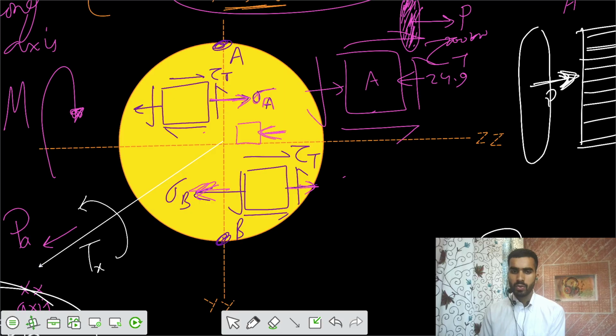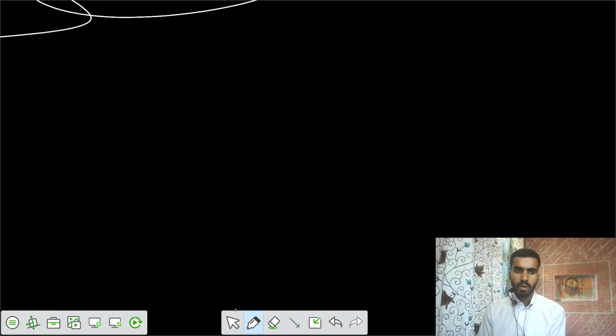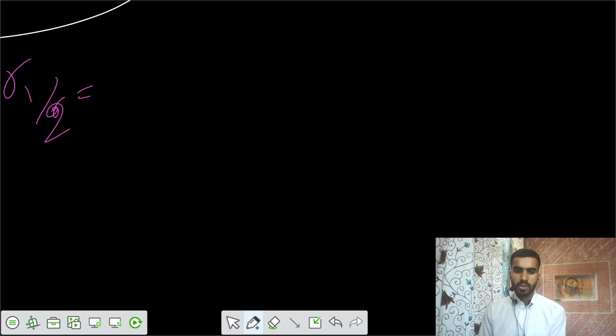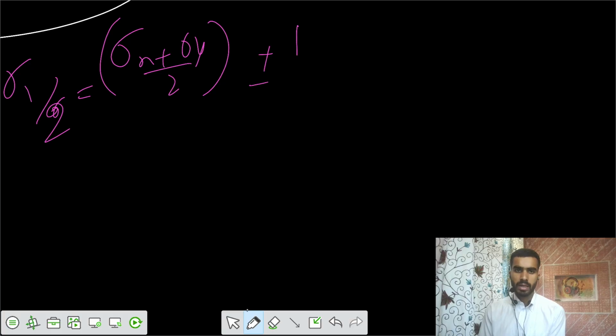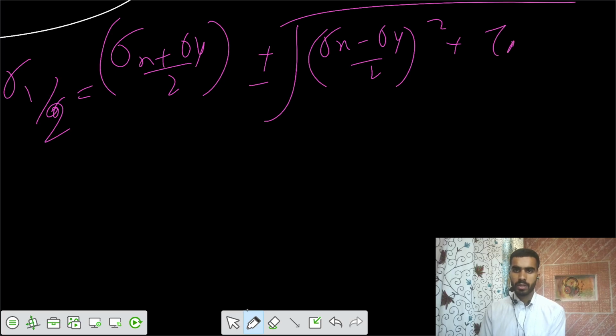So for these two, at point A, you can calculate major and minor principal stresses. The equation we have is sigma x plus sigma y by 2 plus minus root of sigma x minus sigma y by 2 whole square plus tau xy whole square.